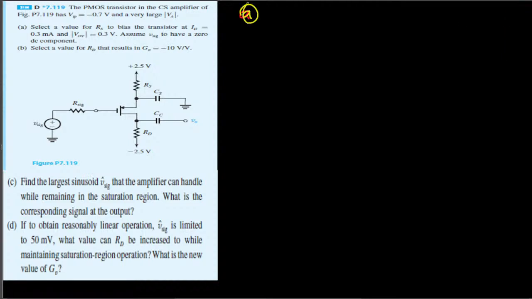In the A part, the question is asking to select the value for Rs to bias the transistor at ID equal to 0.3 milliampere and V overdrive 0.3 volt. Assume vsig to have a 0 DC component. So here we have to find the Rs value.